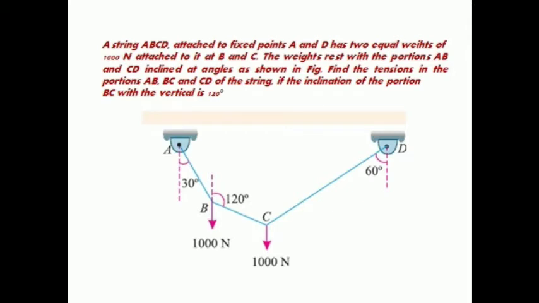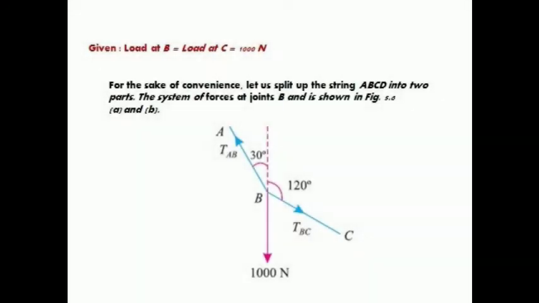As in the previous slide, we can break the arrangement into two parts, like ABC. The load at B and the load at C are equal to 1000 Newton, as in the previous slide, the same load at point B and point C.